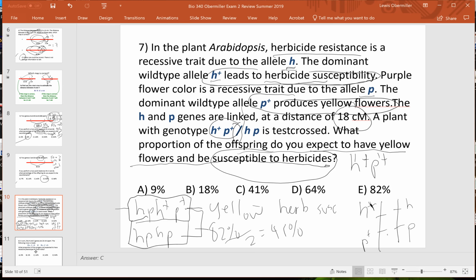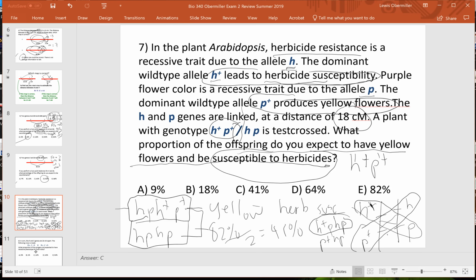And so if we have a crossover event, then we would end up with this gamete, which would be H plus, little p, right? And then the other parent is the two-point test cross, so the only thing it could give would be the recessive genotype, and then the other recombinant would be P plus, right? And then little h.